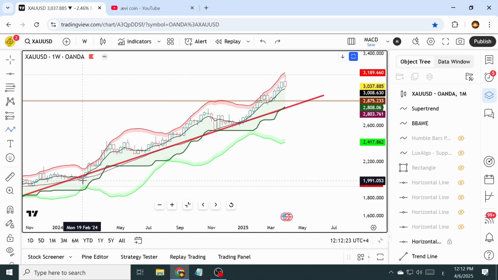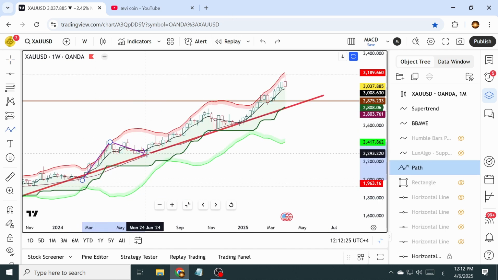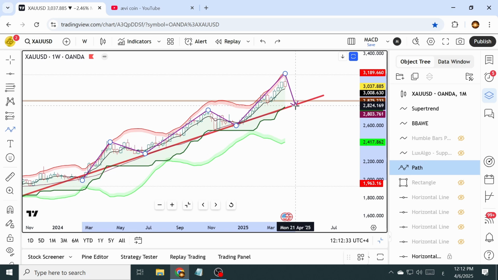For the weekly, I explained in my report that we are in the third wave, and this wave will be the strongest, and then we could see the fall of the gold price to this level. In case this level is broken, we could see further movement of gold.